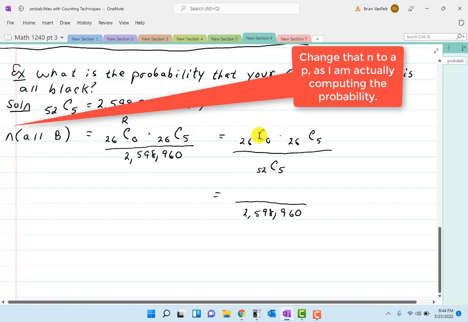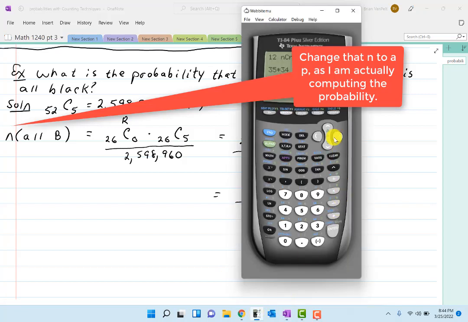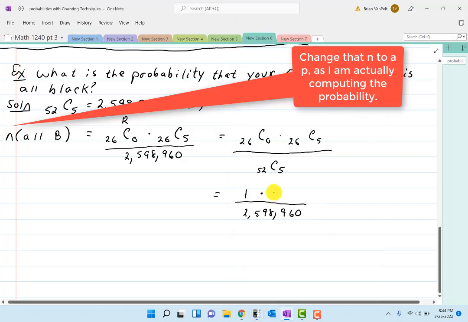2,598,960. Now, as I said before, 26C0 is equal to 1. And now the 26C5, let's see what that is. 65,780. So there you have it, 65,780 divided by 2,598,960.